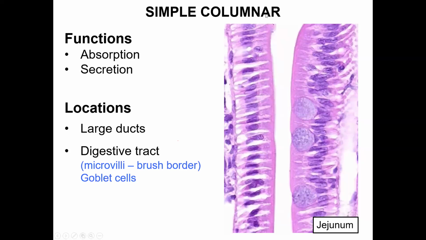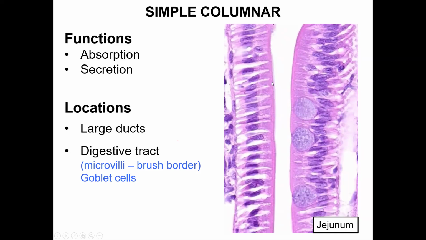The simple columnar epithelium, what you see here, is the lining of the jejunum, which is the middle section of the small intestine along the digestive tract, and you see that the cells are columnar in shape.